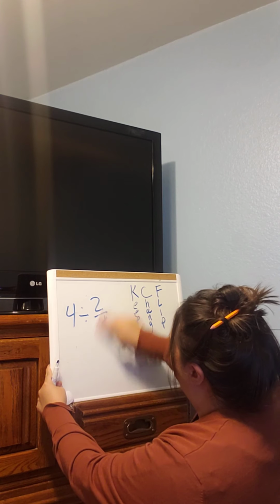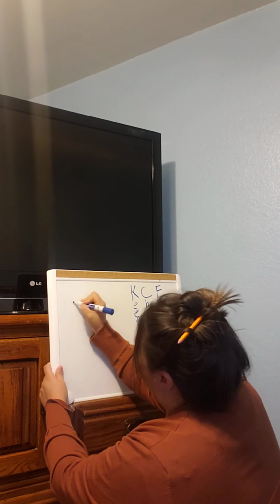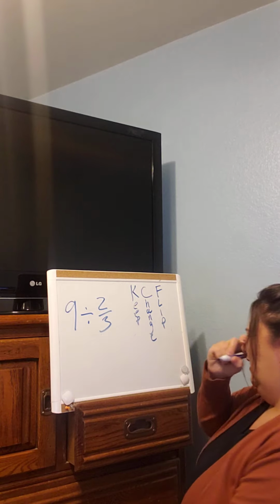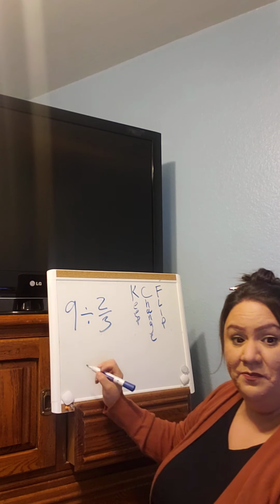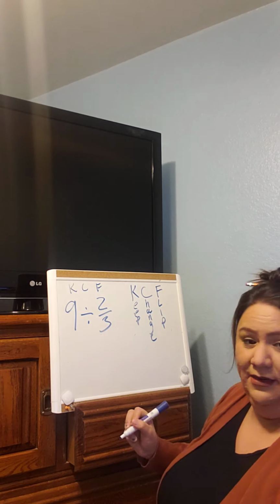We're going to try another one before we go and do some practice on our own. So let's try 9 divided by 2/3. So we have a 9 divided by 2/3. All right, so we're going to keep, change, flip, right?